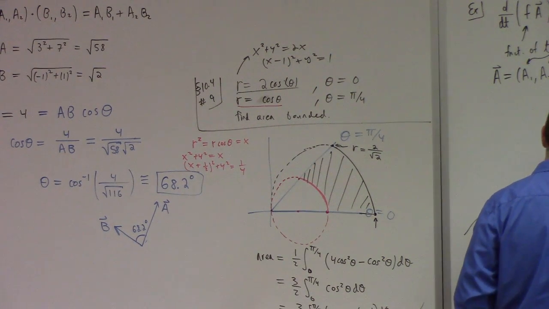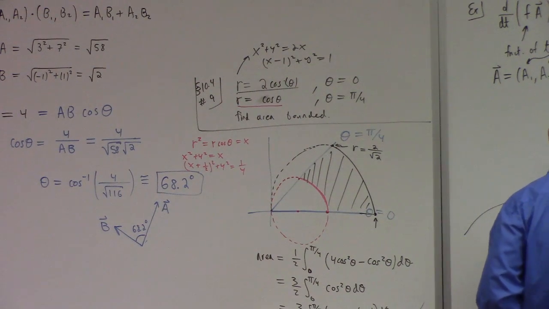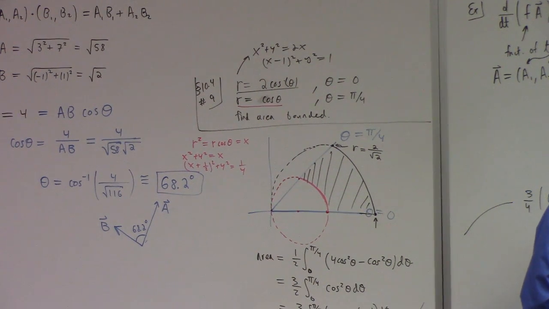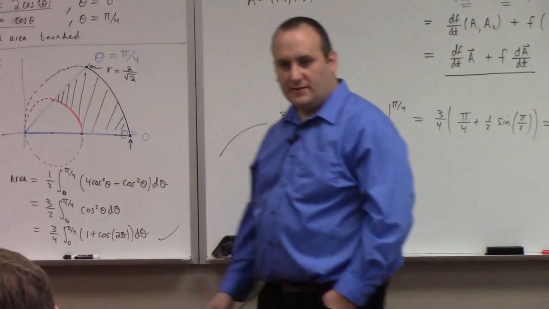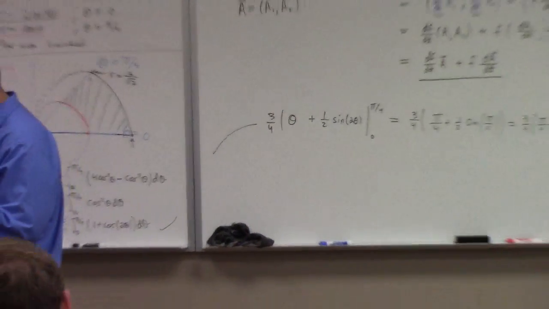What do we get? I get 3/4 times pi over 4 plus 1/2. I guess you could simplify that a little bit, but that's what I get.